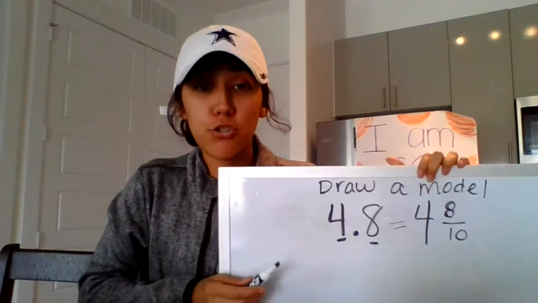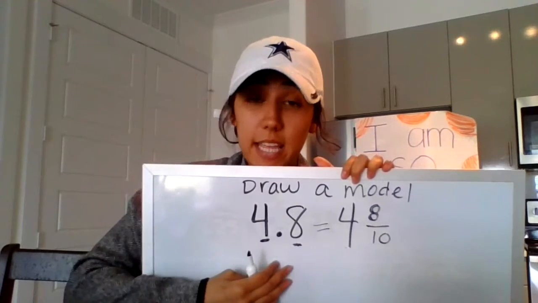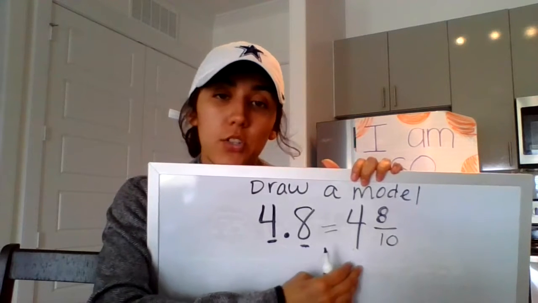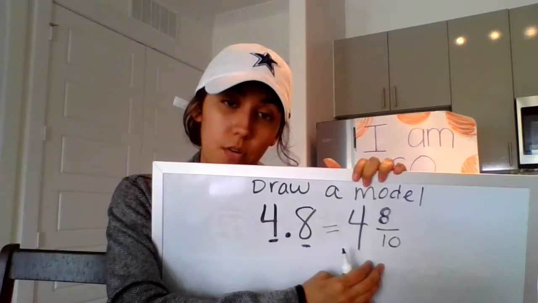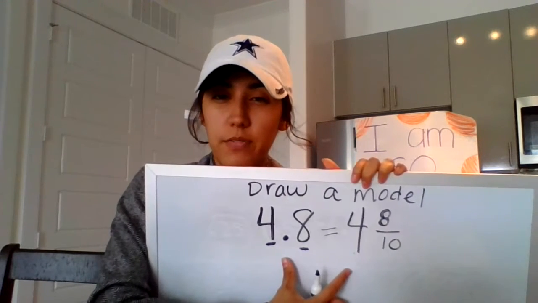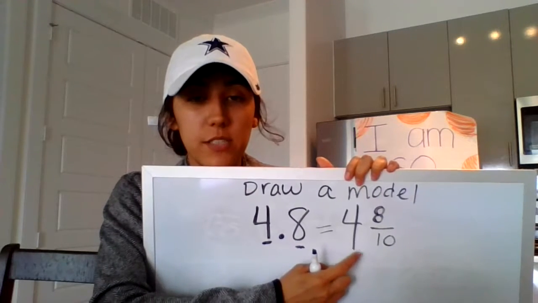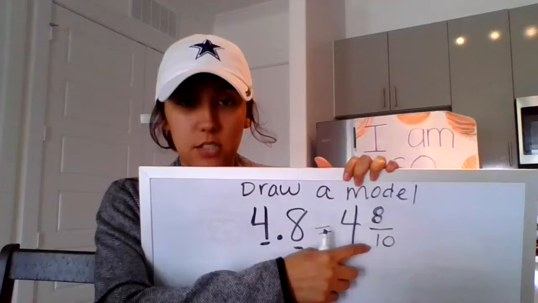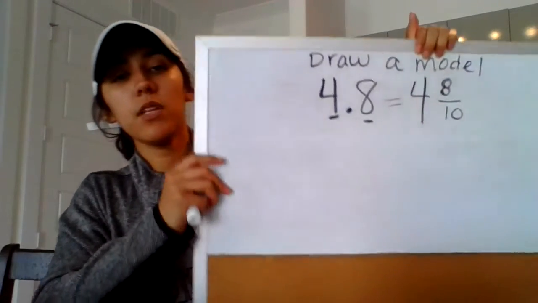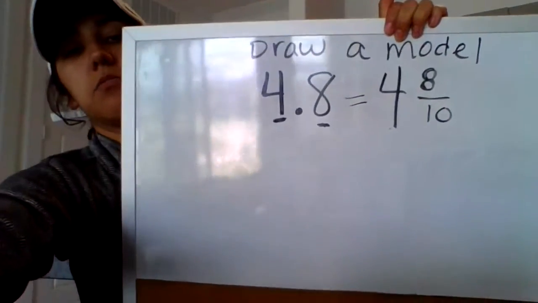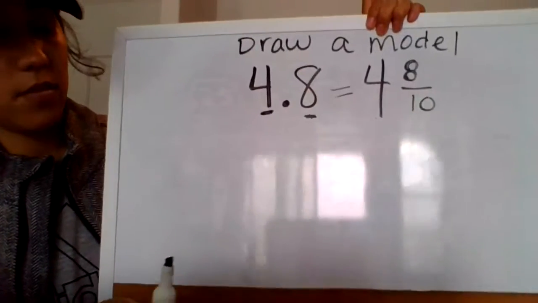Now, let's draw a model. I find it easier for this question. I know they're equivalent, but it's going to make more sense when we draw the model. We're going to use this fraction 4 and 8/10 to draw our model. Okay.